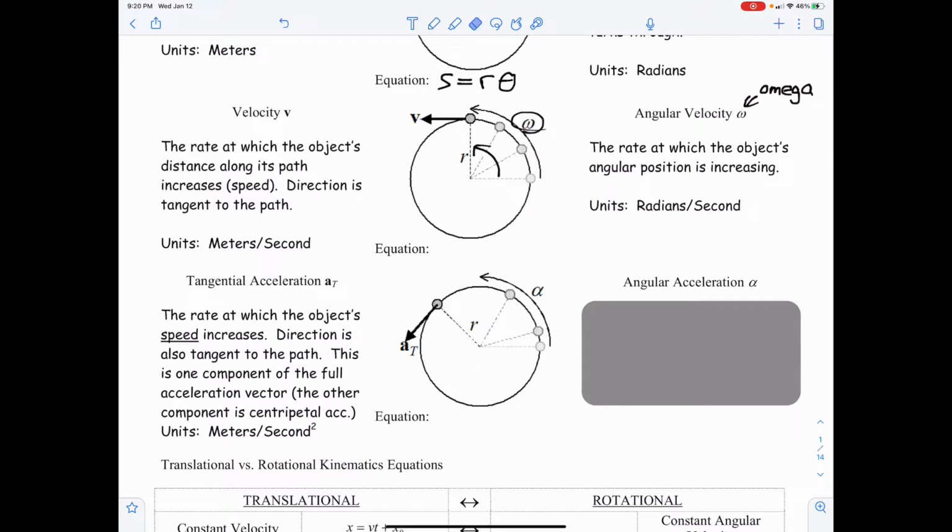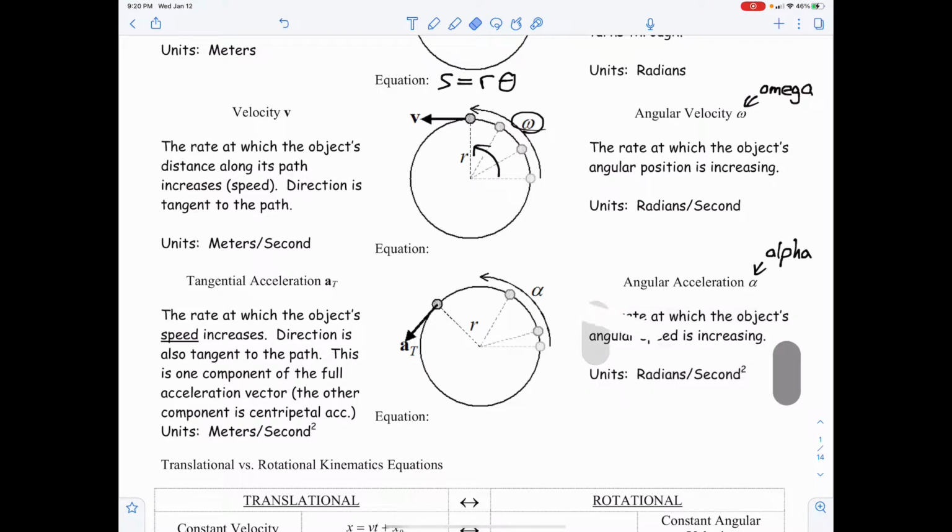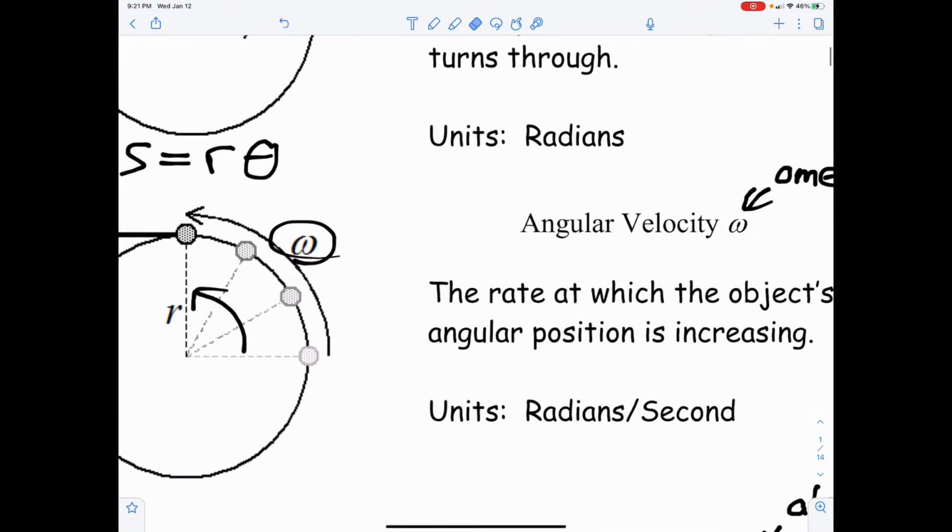If we're looking for angular acceleration, this symbol right here is the Greek letter alpha. Alpha represents the angular acceleration, and that's the rate at which the angular speed is changing, meaning spinning faster, rotating faster, or slower.